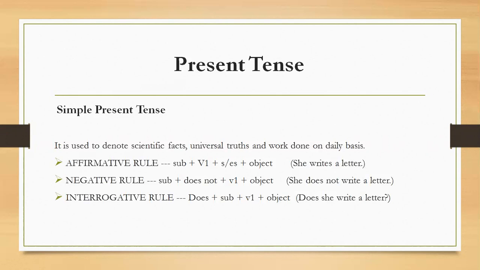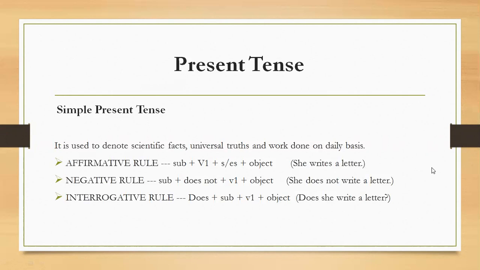Honesty is the best policy. A future event that is part of a fixed timetable, for instance, the match starts at 9 o'clock. So these are some examples and instances when we use the simple present tense.